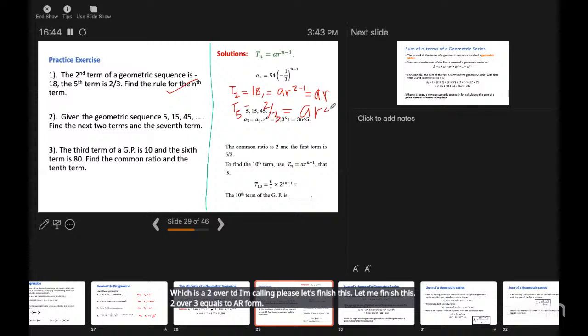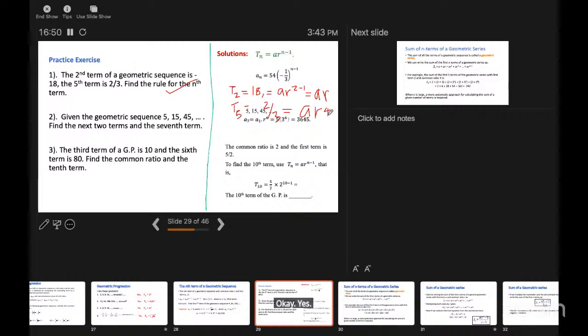After this, we are going to do simultaneous equations. We are going to cancel out the A. You divide the bigger equation by the smaller equation.